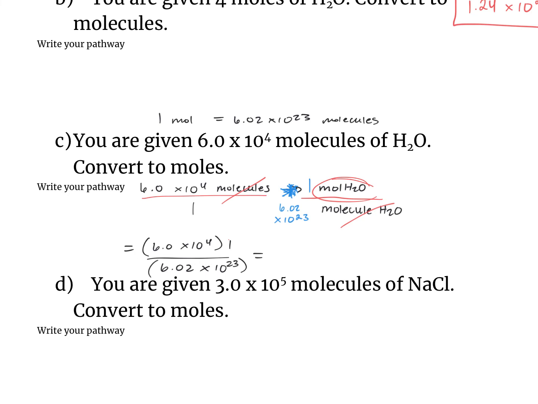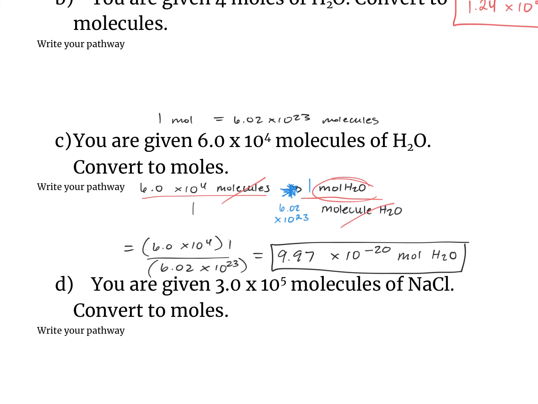Okay, so your answer is going to be 9.97 times 10 to the negative 20, and your unit should be moles of H2O. That's your answer. Okay, so that's molecules and moles.